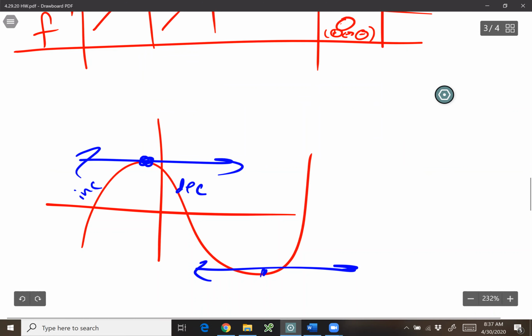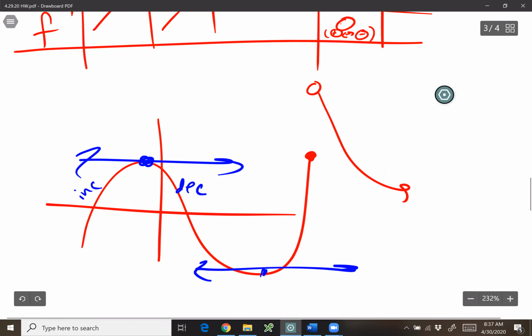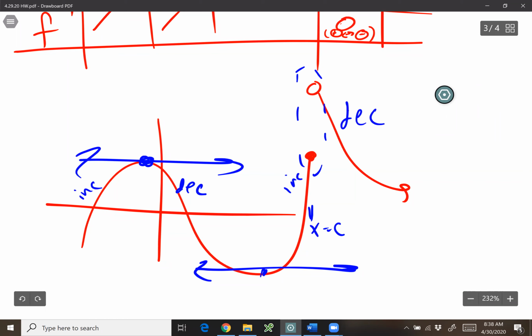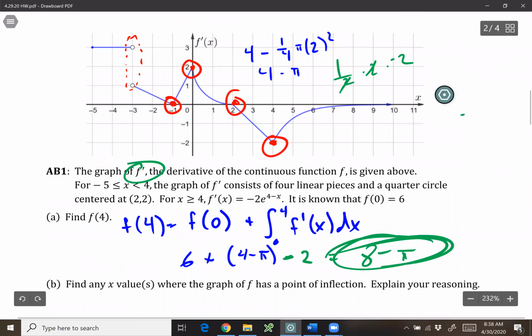And the way a jump could work is, see how we're increasing here? If we had a jump and it started decreasing, well then, technically, yes, at this jump, whatever x value this was, it was changing between increasing and decreasing. So basically, anytime you have a max, a min, or some kind of a kink, jump, discontinuity type deal, we can check it.